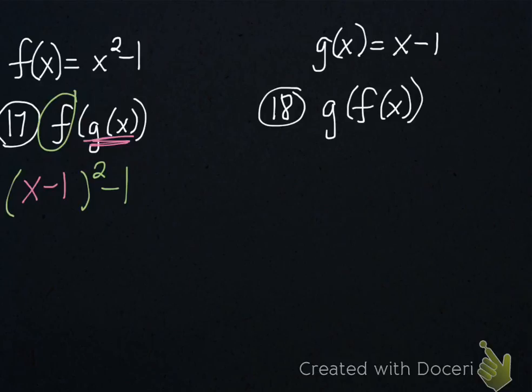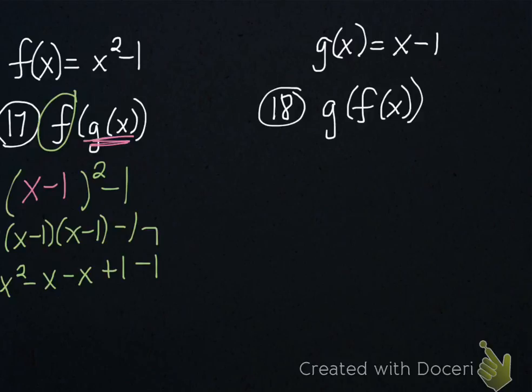Now we can actually simplify. Remember, anytime we have a binomial to a power, we write it out that many times and multiply. So I would have x squared minus x plus 1, and then please remember, bring down that minus 1 at the end. Now we combine like terms.